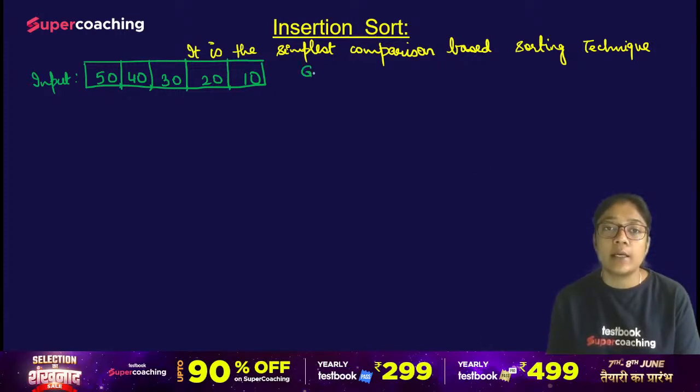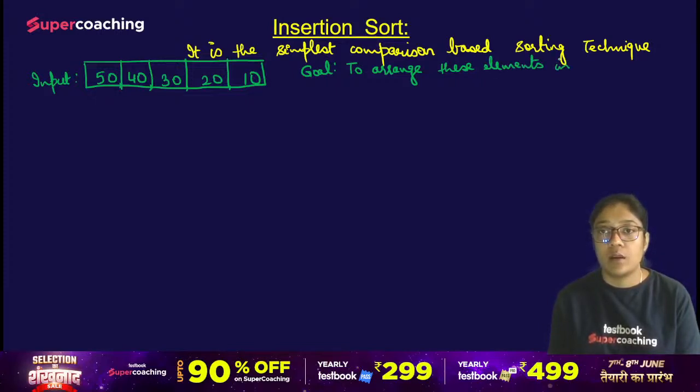Let us assume that the goal is to arrange these elements in ascending order. But जो आपको input given है, that is in the reverse order. We are given that in the descending order.